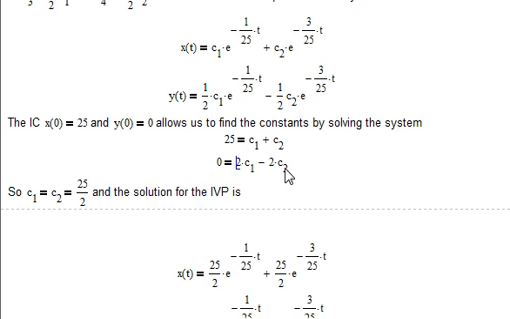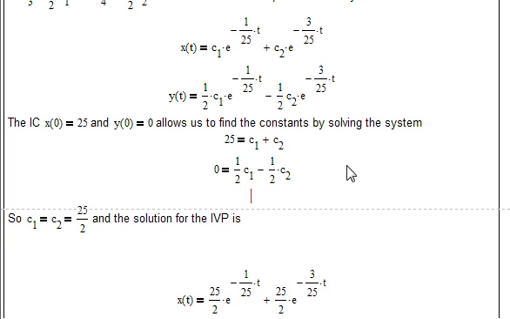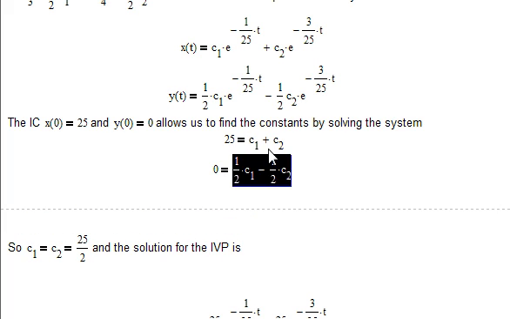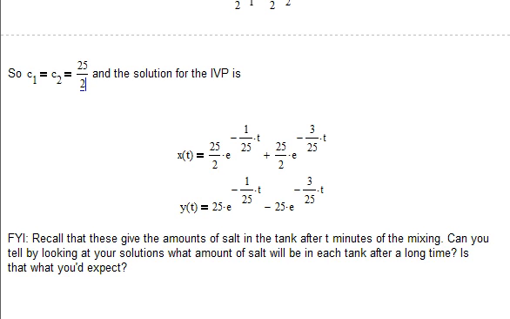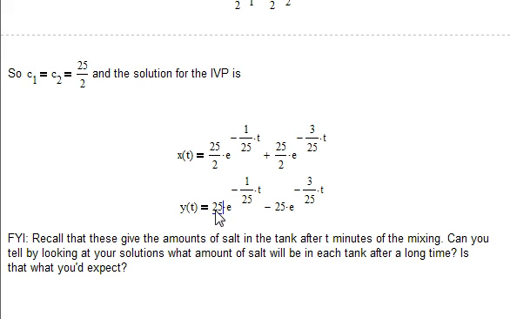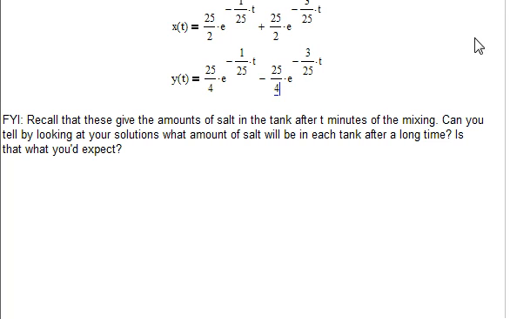This should be 1/2, and it is. This should be negative 1/2, and now it is, but it doesn't make any difference because this equation shows us that C1 equals C2, and so they're both equal to 25 halves. And so, saved myself there a little bit. Nope, here's a problem. This would be 25 fourths. And this would be minus 25 fourths.